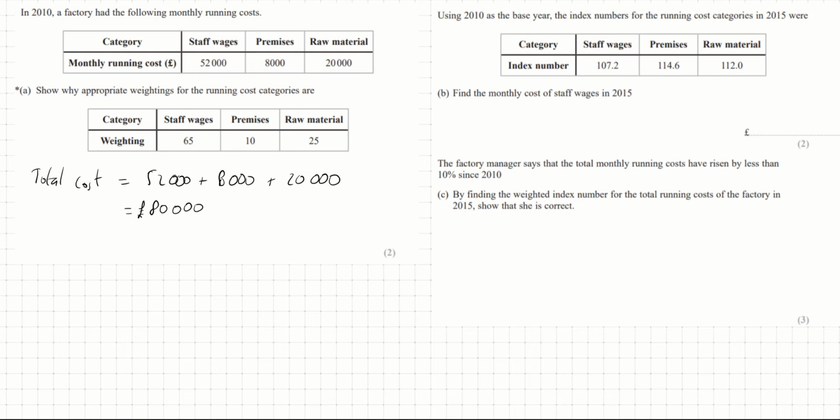Okay, so to work out the weighting, one way to get a percentage weighting is to do each individual cost divided by total cost, multiplied by 100.